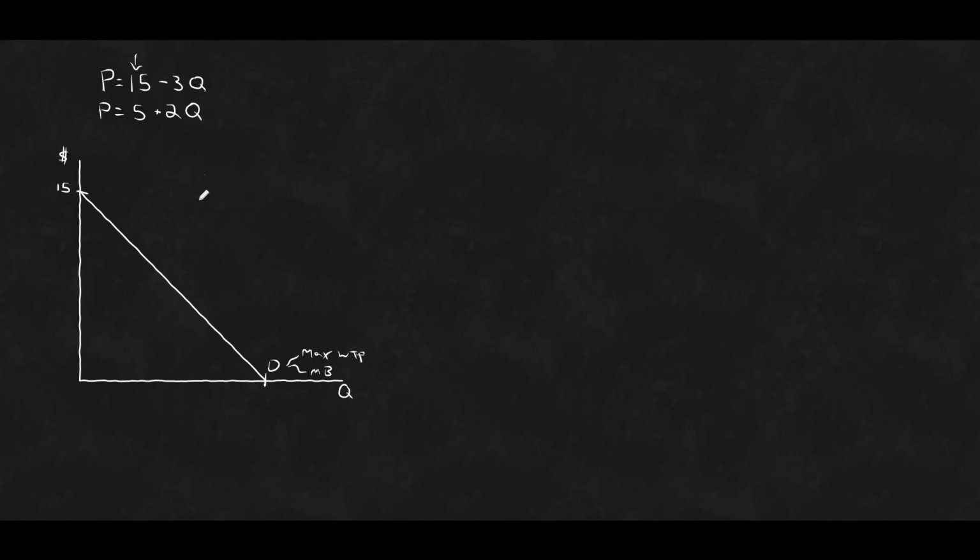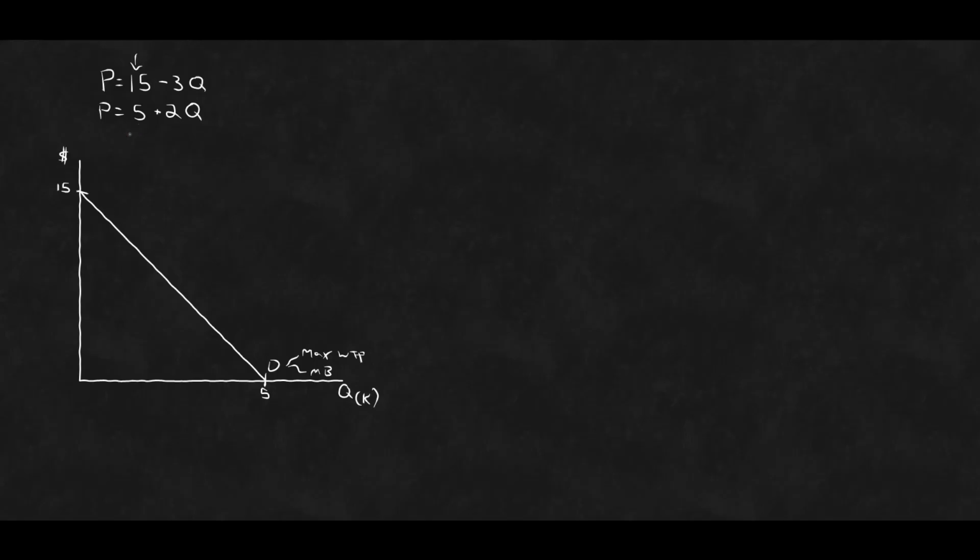So 15 divided by 3 would give me a horizontal intercept of 5. Again, maybe it's helpful to think of this all together in terms of thousands of units, because we have lots of small buyers all wanting to buy this, and 5 isn't really conducive to that assumption. So maybe we're talking about thousands in this case.